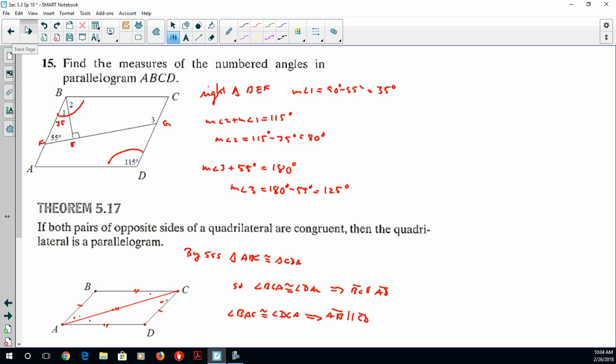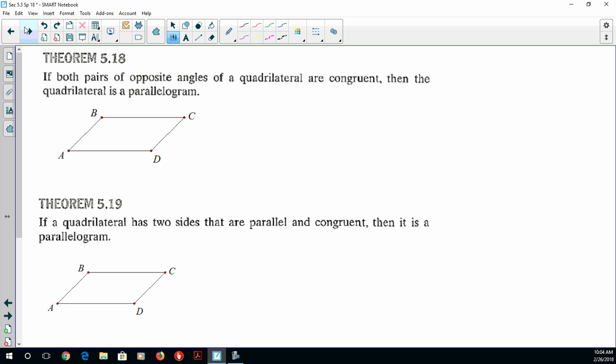5.18. If both pairs of opposite angles of a quadrilateral are congruent, then the quadrilateral is a parallelogram. Well, this one I'm going to do a little differently. Okay. So I'm going to put little X's there because angle A and angle C are congruent, so that's going to be the measure. And I'm going to put little Y's here because angle B and angle D are congruent, so I'll call those measures Y's.